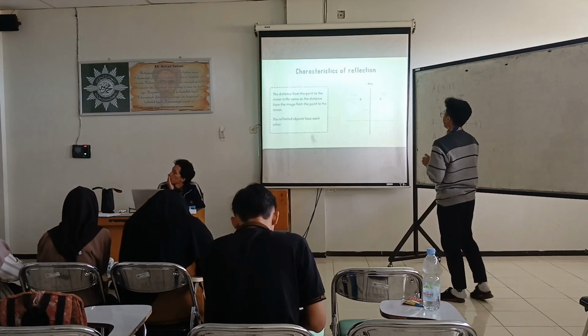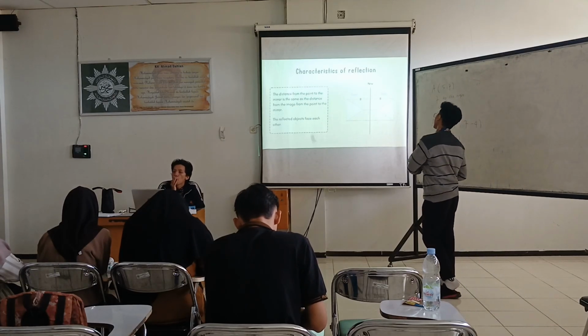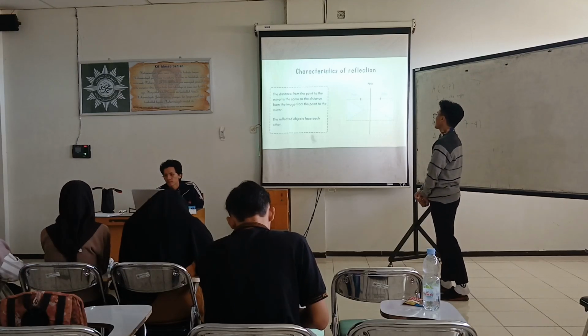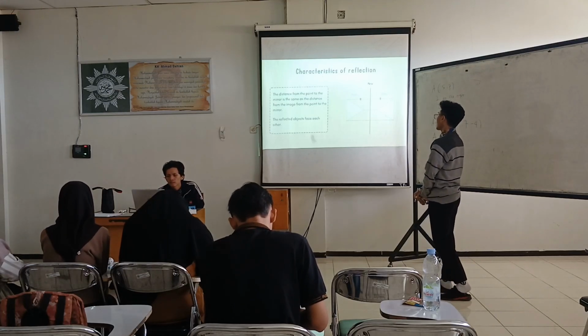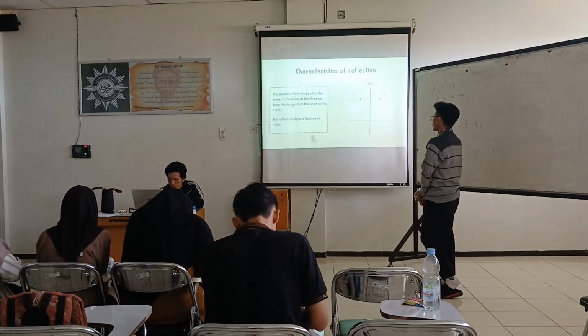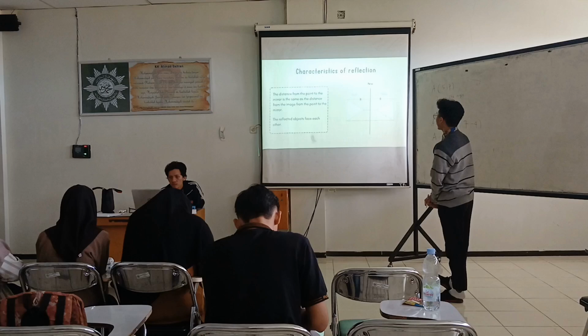Next one is characteristic of reflection. The distance from the point to the mirror is the same as the distance from the image of the point to the mirror. The reflected objects face each other.